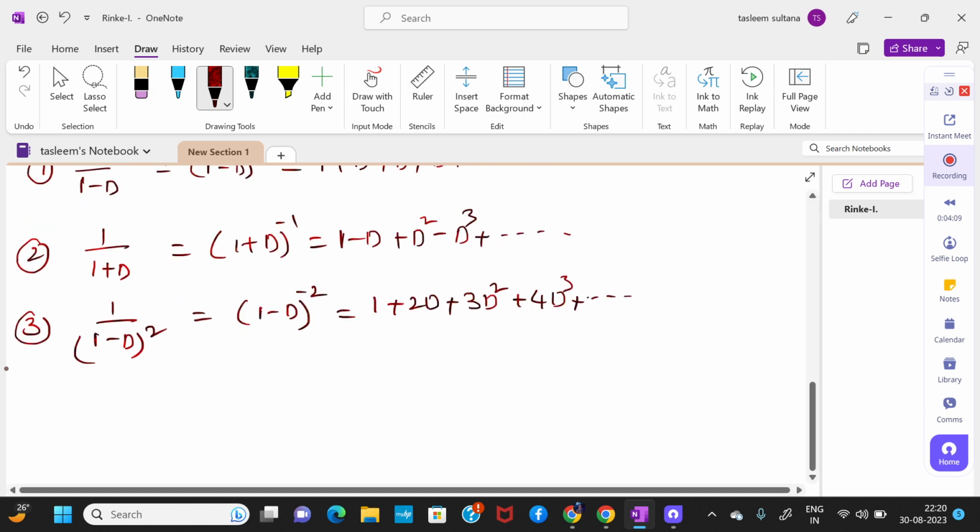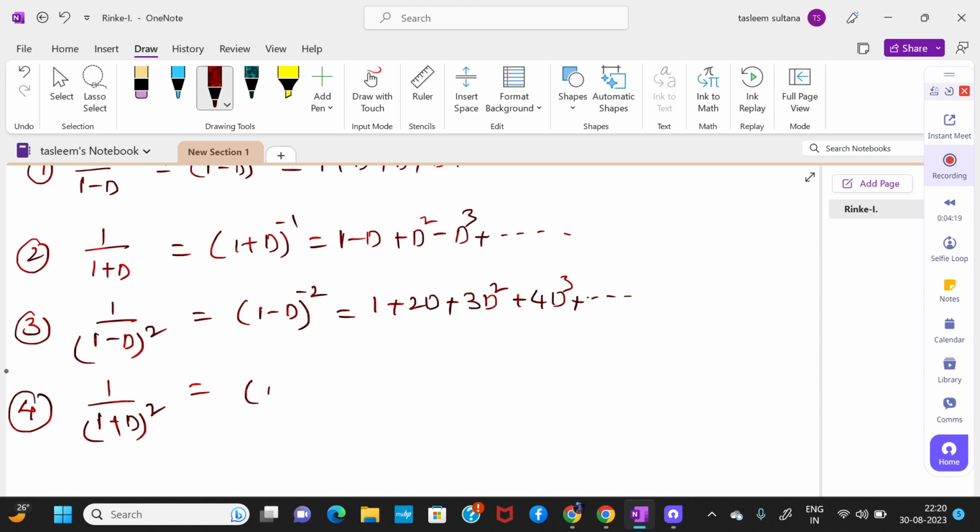When it is a plus, it's going to be alternating again. Then your fourth one, 1 divided by 1 plus D whole square, which is 1 plus D whole to the power of minus 2, which is equal to 1 minus 2D plus 3D square minus 4D cube plus and so on.